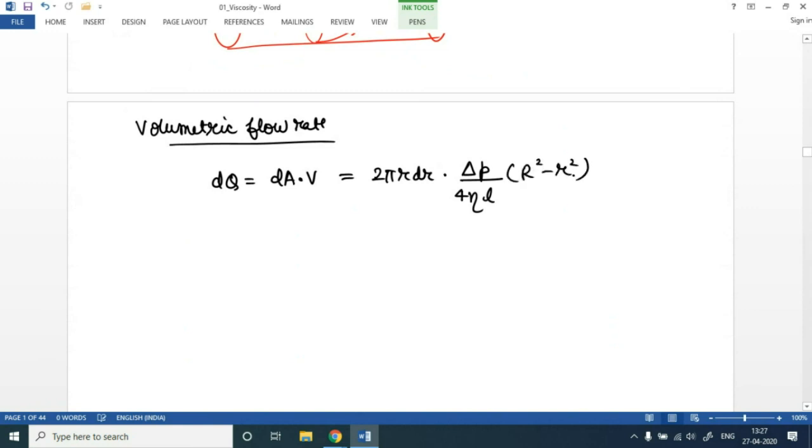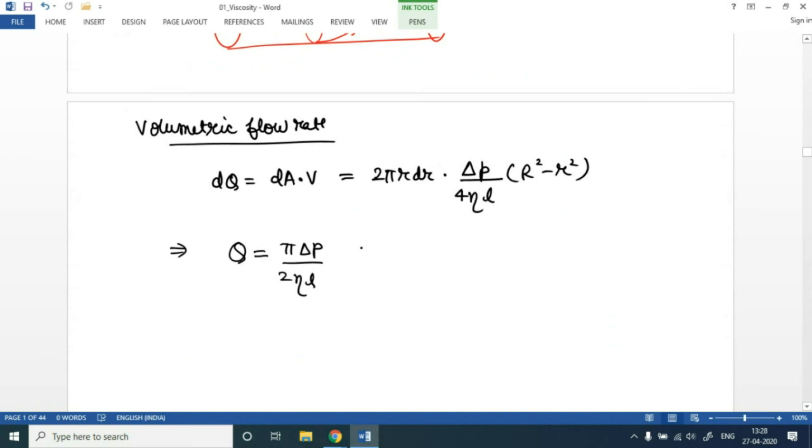If we integrate this equation on both sides with appropriate limits, we will find the total volumetric flow rate, and that will be pi delta P divided by 2 eta L.